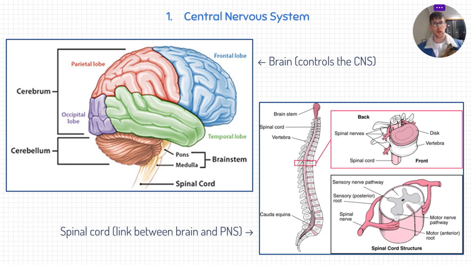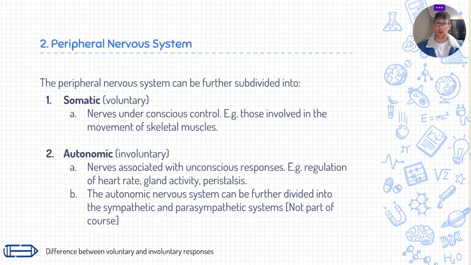The spinal cord is involved as well. It is a direct link between our brain and our peripheral nervous system, so the transmission of information. And also what we'll talk about is it plays key roles in autonomic responses as well. So that's the key processing center.